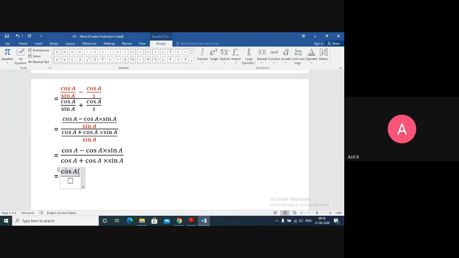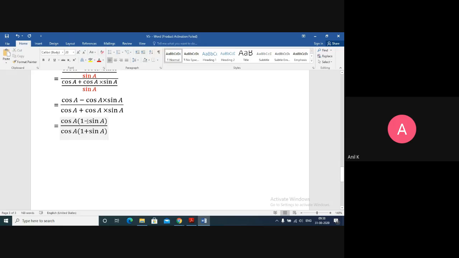If I take cos A common, you will get 1 minus sin A. In the denominator also you can take cos A common, then you will get 1 plus sin A. If you want you can multiply, then you'll go back to cos A into 1 is cos A, then cos A into sin A is cos A sin A. Why I'm keeping 1 here is because cos A can be written as cos A into 1.